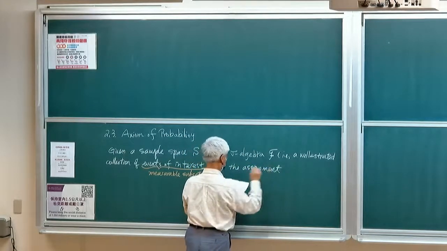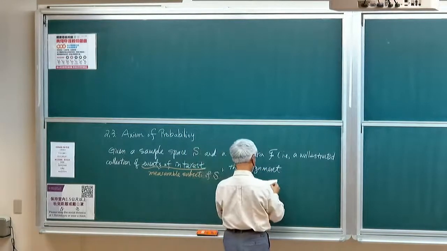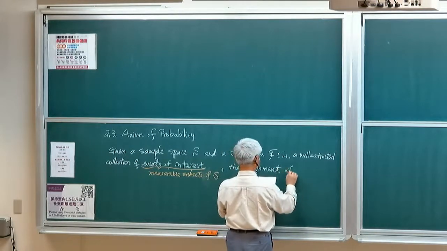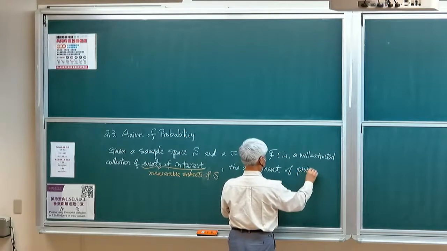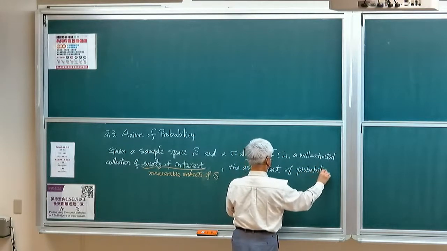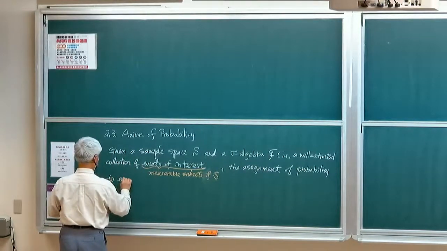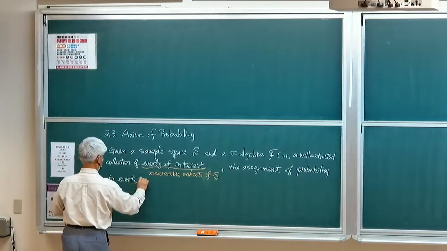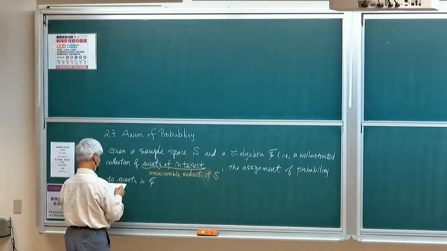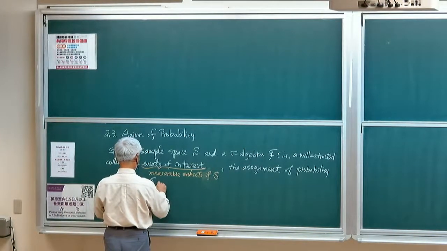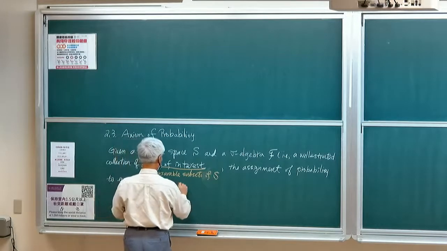so in probability, a main task is to assign probability. So the assignment of probability to events in the sigma algebra F is a mapping.